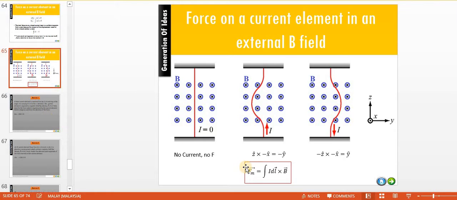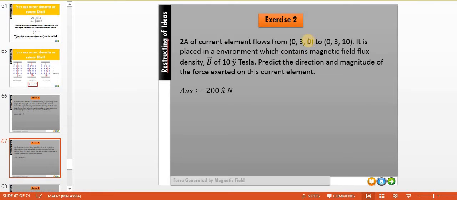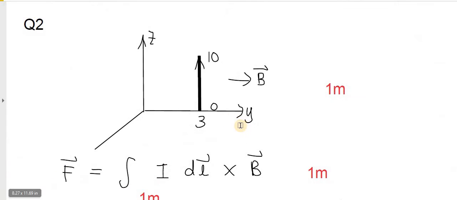So you have been given the I, you've been given the B, so you have to find the force. Now you have to perform integration with respect to the length of the current element. So the question gives you the starting point and also the ending point of the current element. So let's look at the solution.